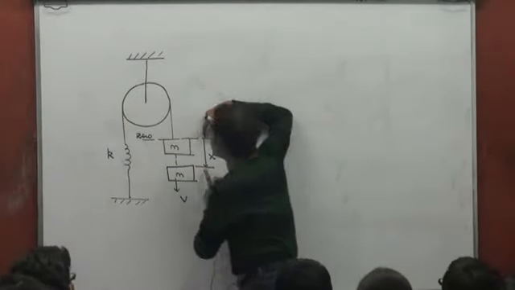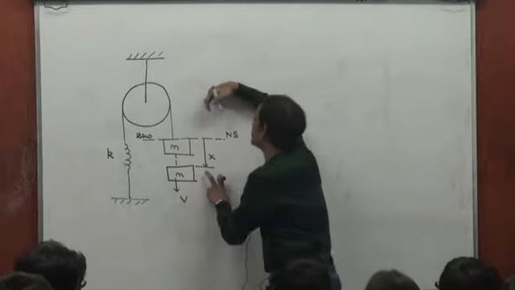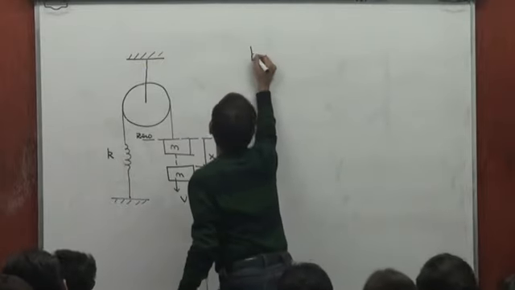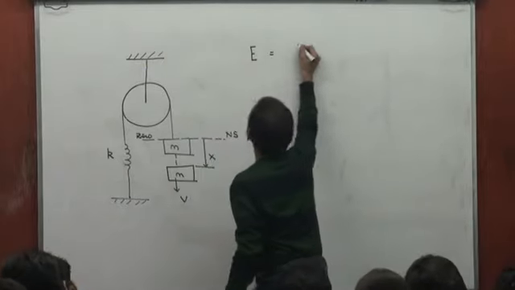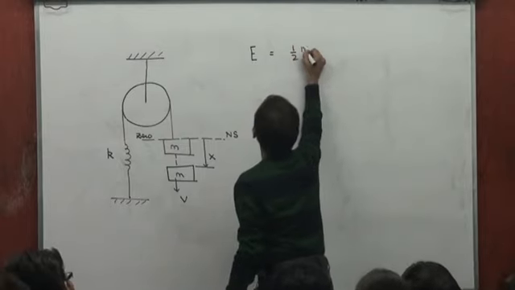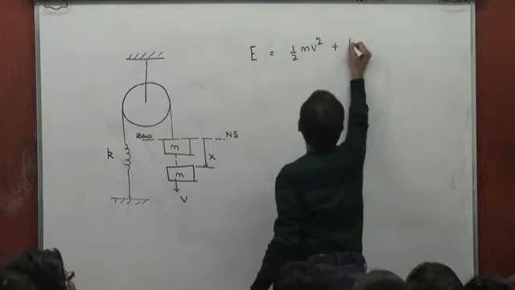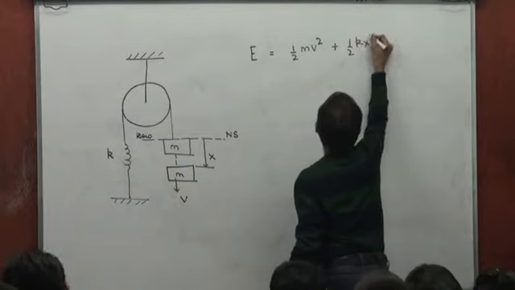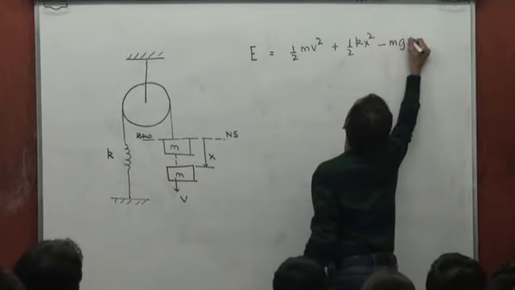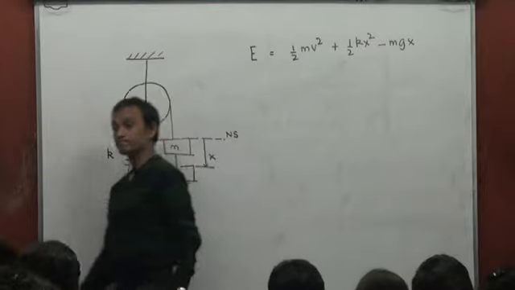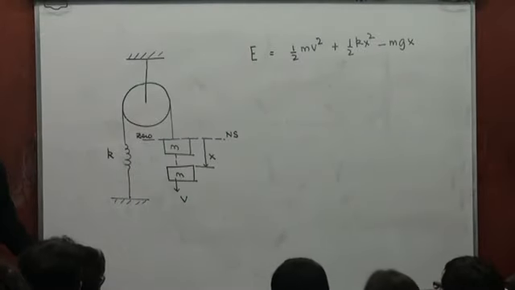The spring also would have got elongated by an amount x, right? What's the total energy of the system then in this intermediate state? Well, half mv squared plus half kx squared minus mgx, right?